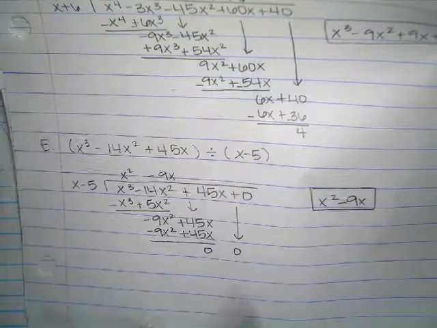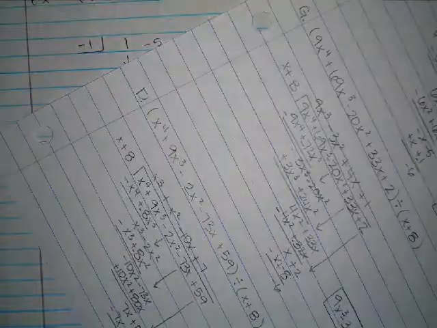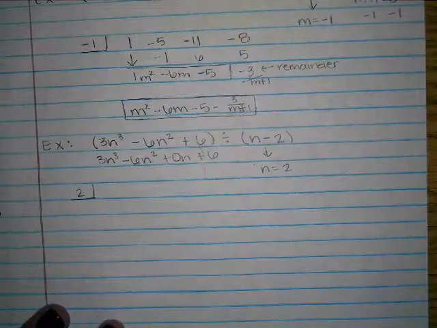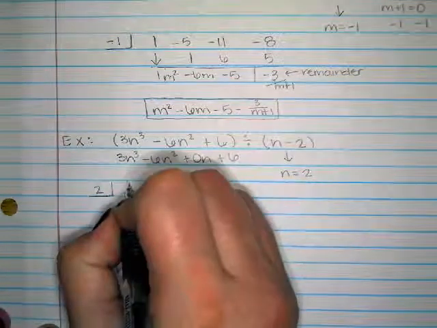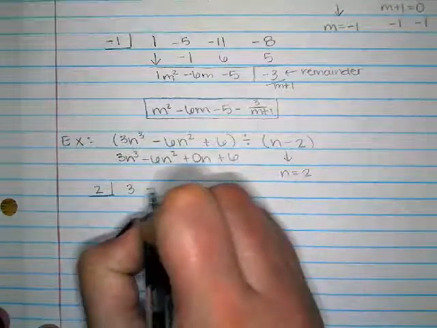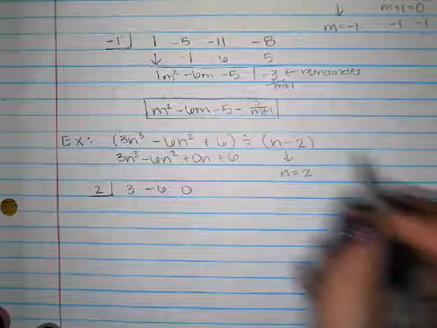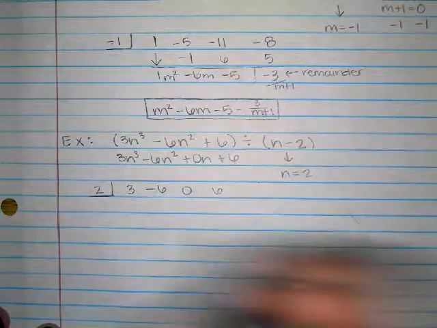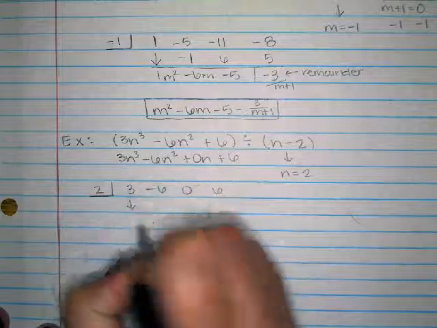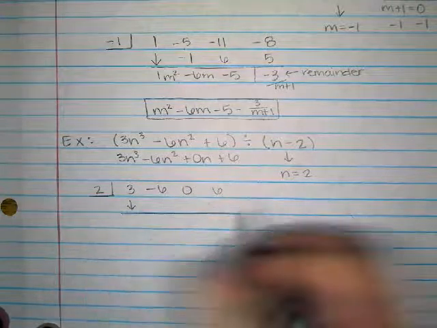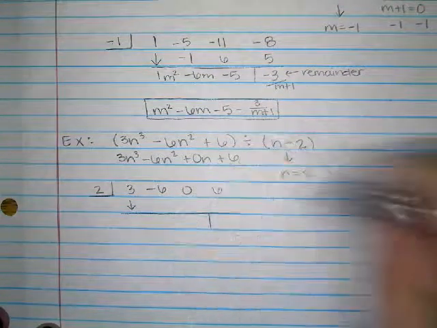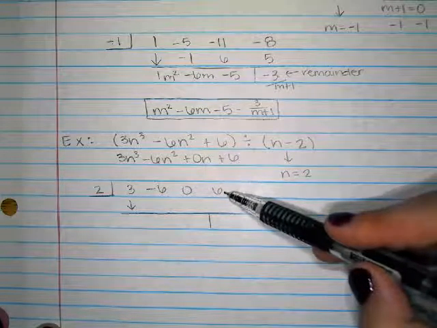Okay, all right. So we have 3 and then negative 6 and then 0 and then positive 6. And we have our arrow. And then where the last number is, we have the little box at the end.